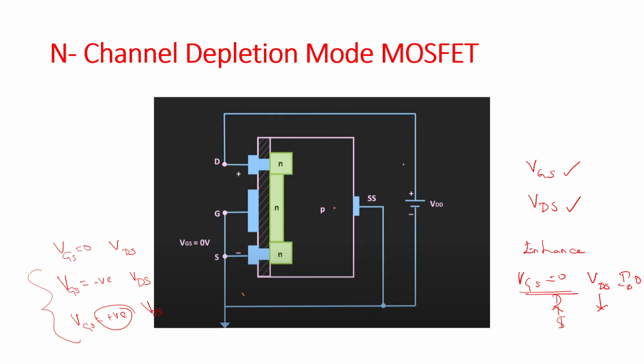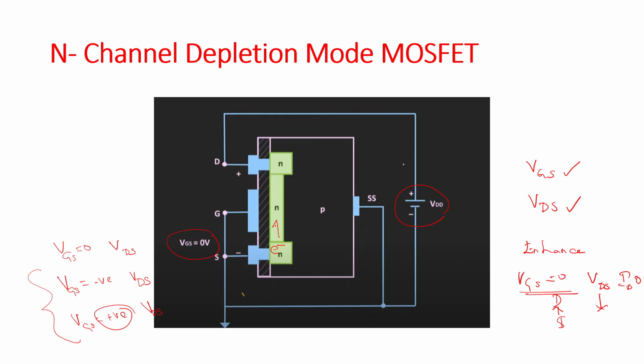And in N-channel depletion type, the first case is VGS equal to 0 and applying VDD. So here the positive polarity is connected to the drain, because the N channel has electrons as majority charge carrier; the electrons will enter the source and exit from the drain.